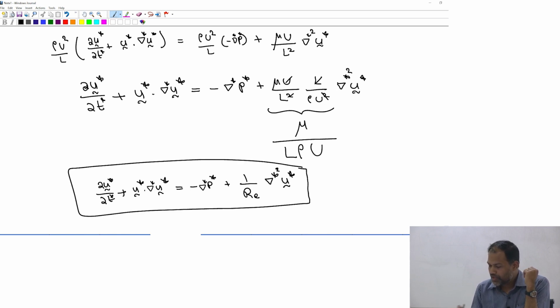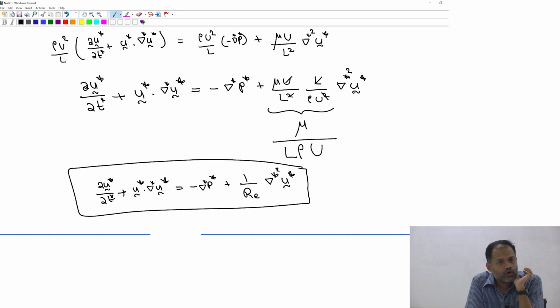That's the non-dimensional form of the momentum conservation equation. Okay, you can see that there are now non-dimensional variables which are u star, t star and p star, and there is only one parameter, and that parameter is nothing but the Reynolds number.